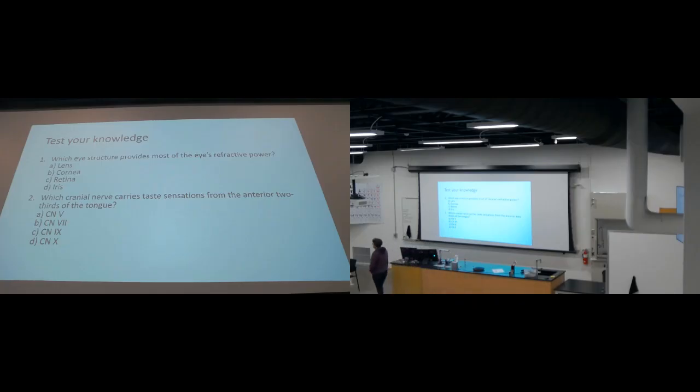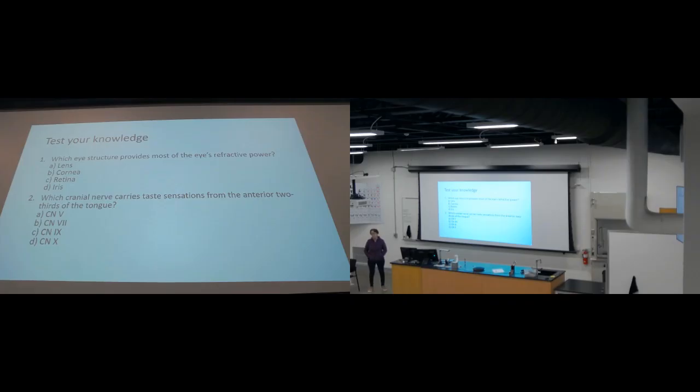Which cranial nerve carries the information of taste from the two anterior thirds of our tongue? 5, 7, 9, or 10? 7, the facial. And the posterior third? It's two of the ones that we have there.